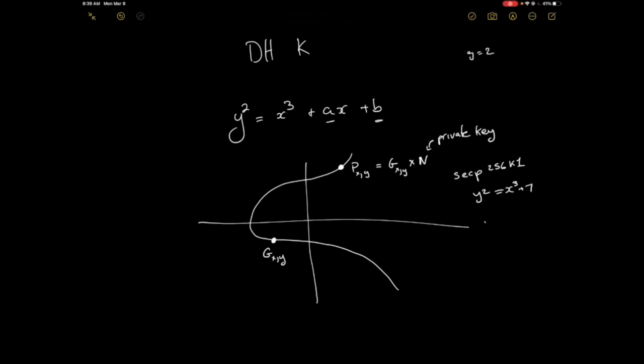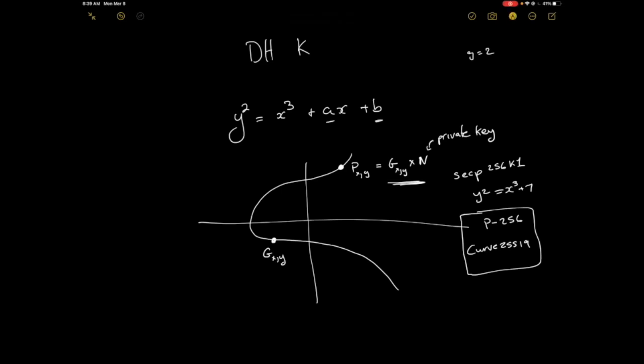NIST recommends using the P-256 curve or the curve 25519. Those are the ones that NIST recommends, and you can look up the equations for those curves on NIST. So we'll focus on the secp curve today because it's commonly used in Bitcoin, and it's the one I'm most familiar with.